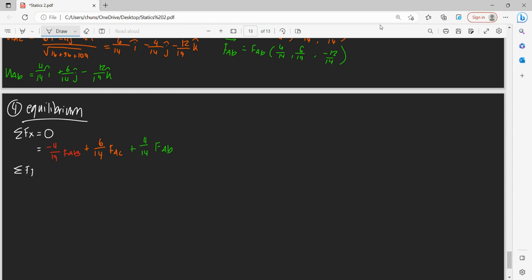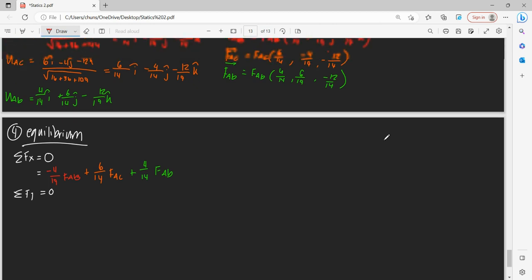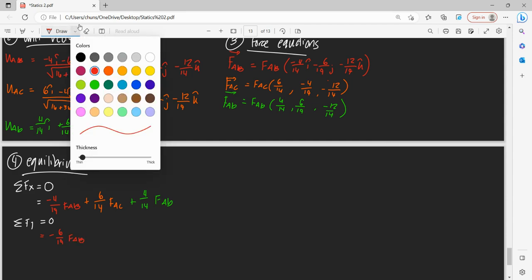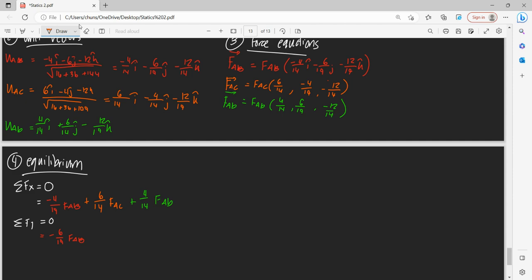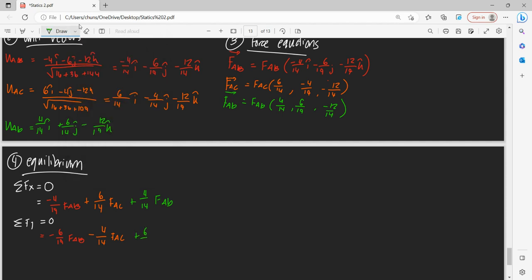For our sum of our y, we will have negative 6 over 14 FAB, negative 4 over 14 FAC, and then that's plus 6 over 14 FAD.